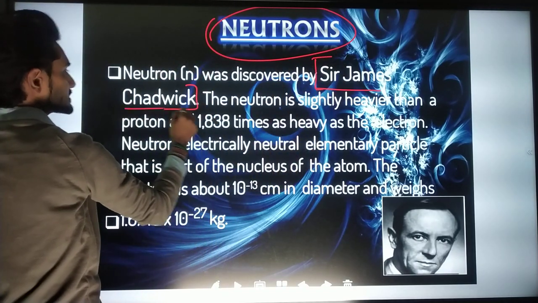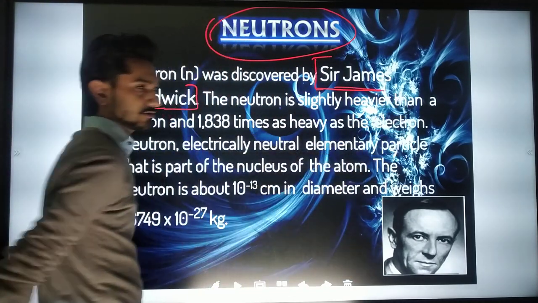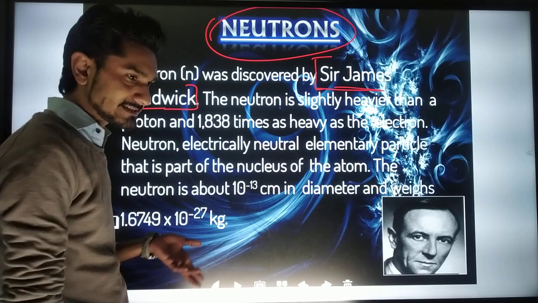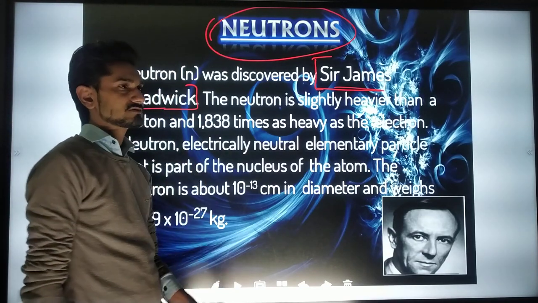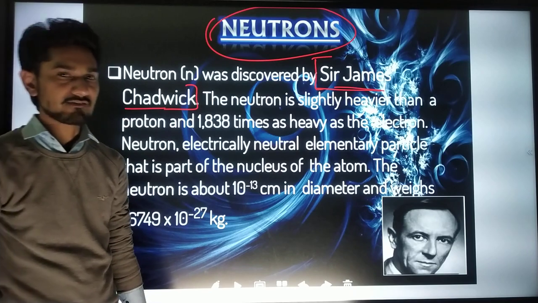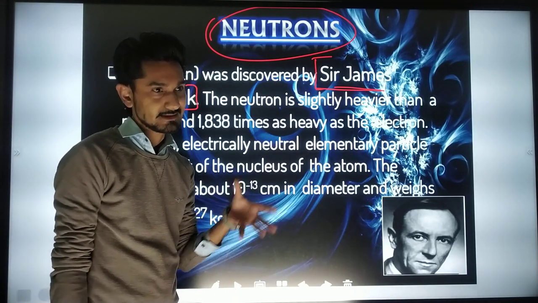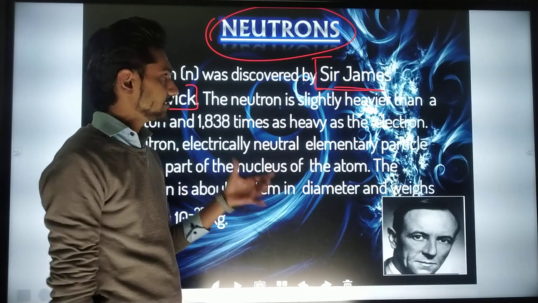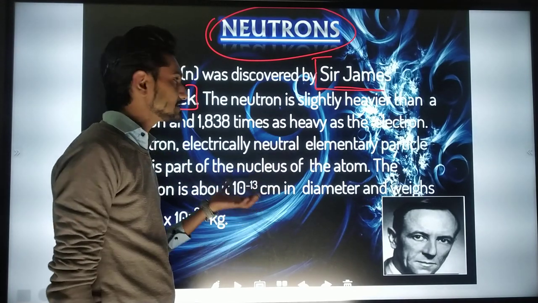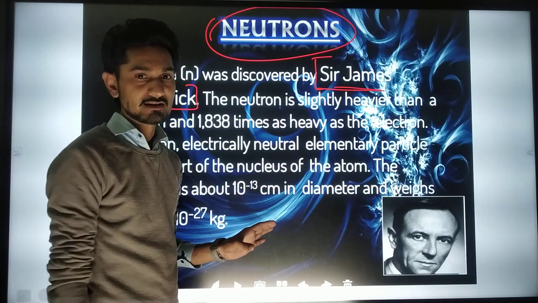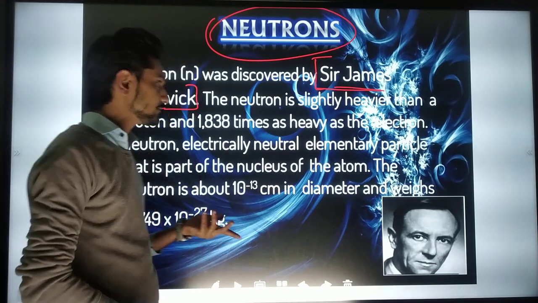The first point, it also comes in the MCQ: who is the scientist that discovered the neutron? It is Sir James Chadwick. For the electron, Sir J.J. Thomson discovered it. Sir James Chadwick discovered the neutron, a subatomic particle in the atom.